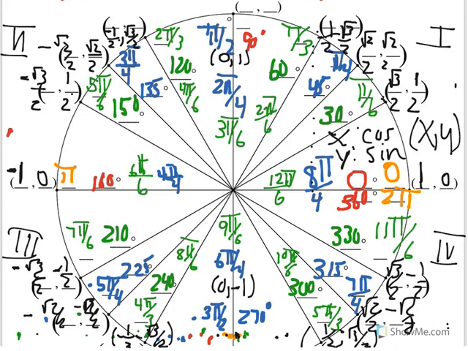Okay, and then you're going to use these points to help you figure out what the cosine and sine are, and tangent for each of these angles. And tangent, don't forget, is y divided by x.